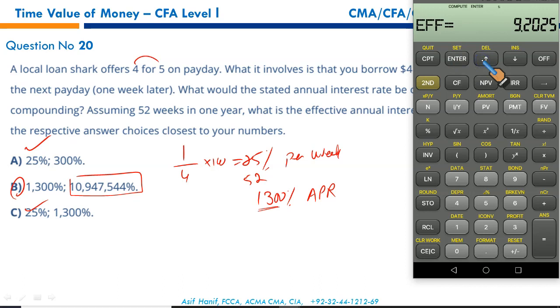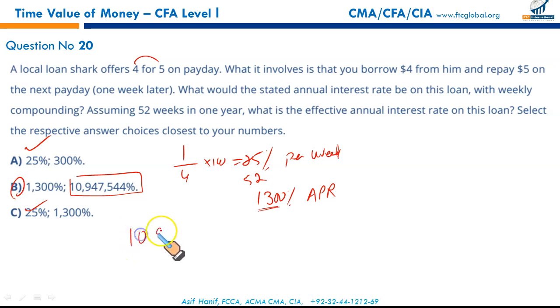Enter, up. Press CPT and look at this: 10.947544 million percent. In other words, 10,947,544%.